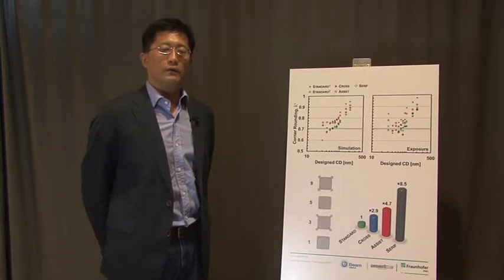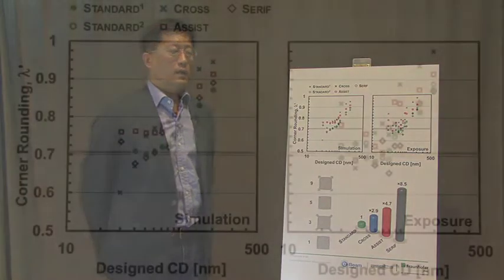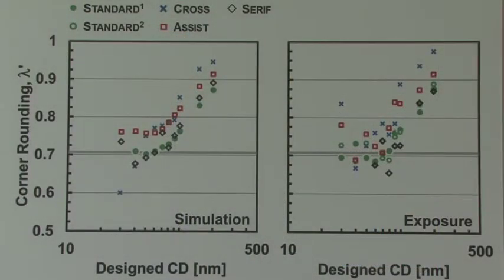Based on the qualitative comparisons between the exposed images and the simulation contours, we have a quantitative analysis of the corner roundings according to the different correction methods. That result appears on these two graphs. The left one is the simulation result, and the right one is the result from the CD-SEM measurements of the exposed images.